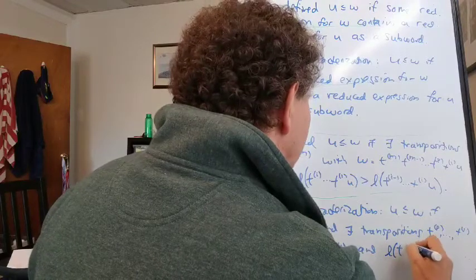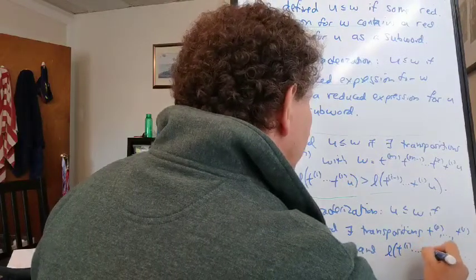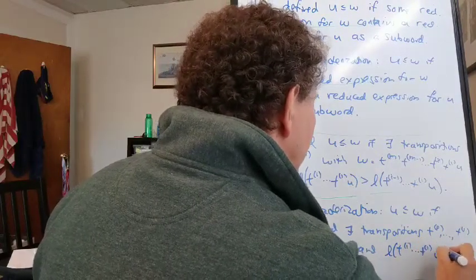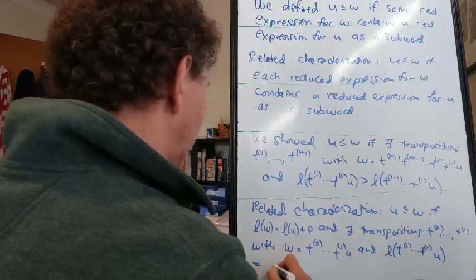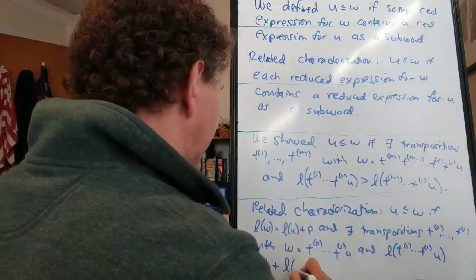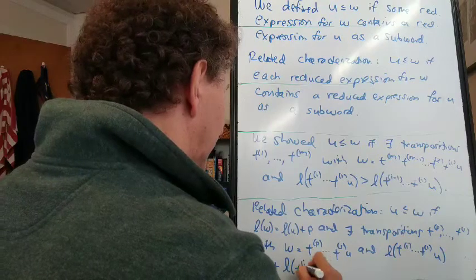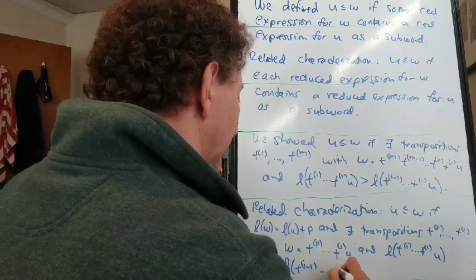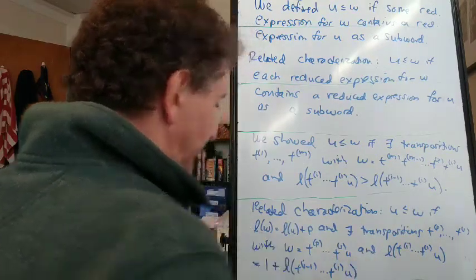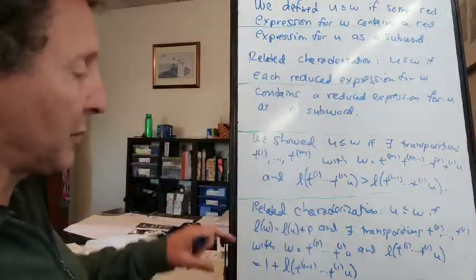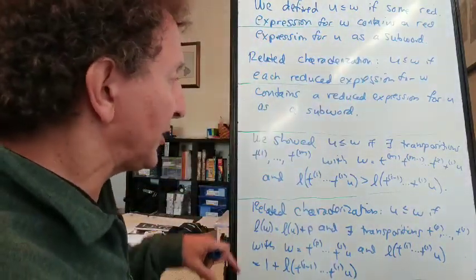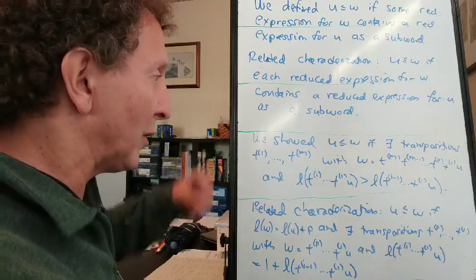So the length of Ti through T1 U equals 1 plus the length of Ti minus 1 through T1 U. So it's possible to pick transpositions so that we go up in length by exactly 1 each time.